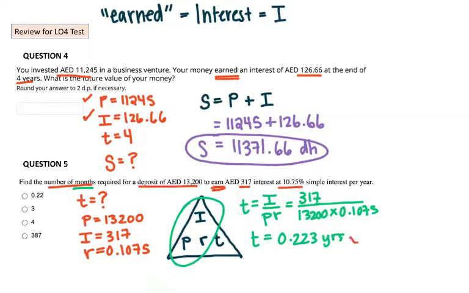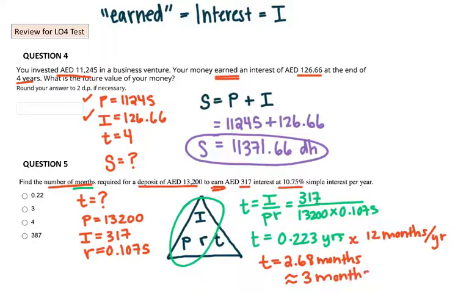So what we will do is we'll multiply by the fact that there are 12 months for every year, in which case, when we multiply that, we will get that the time in months is 2.68 months. But we should probably just round to the nearest whole number of months, which will be 3 months, which is one of the choices. So time is about 3 months.